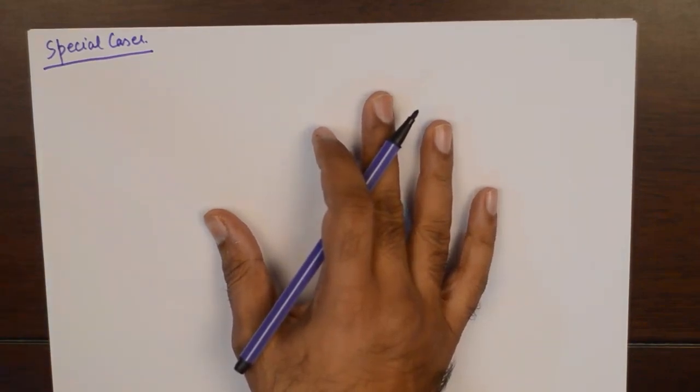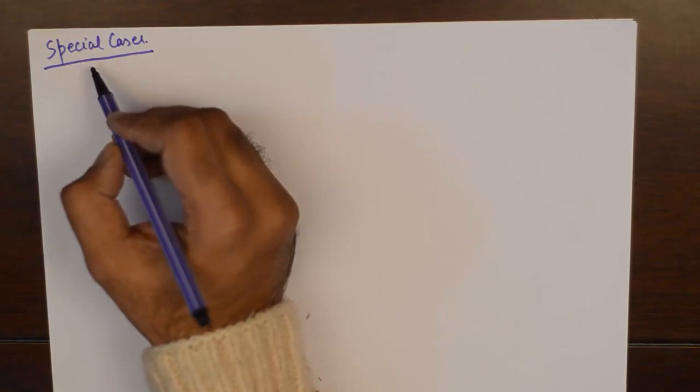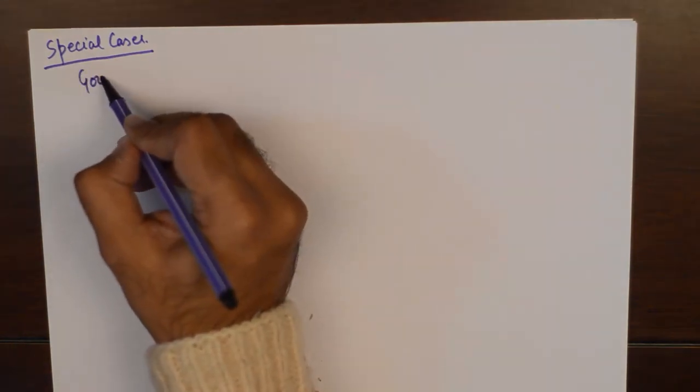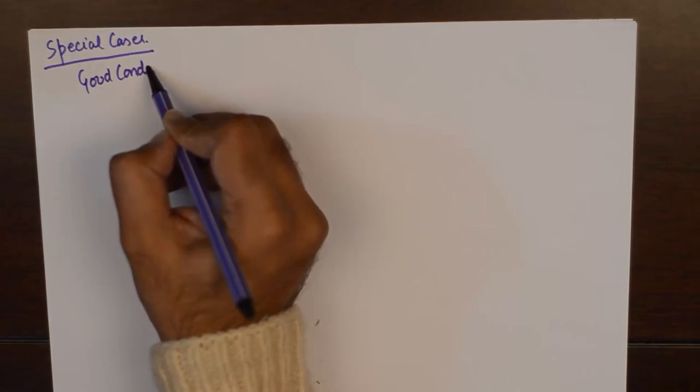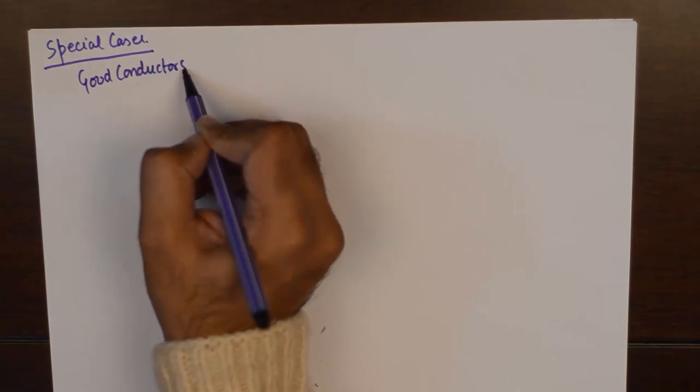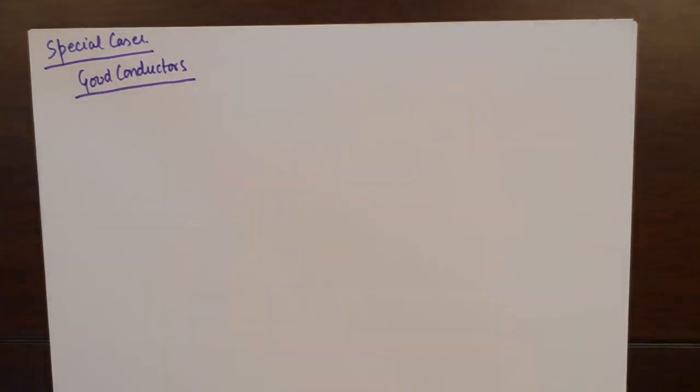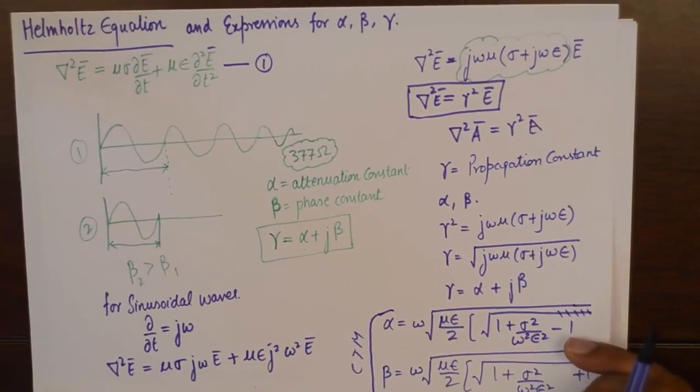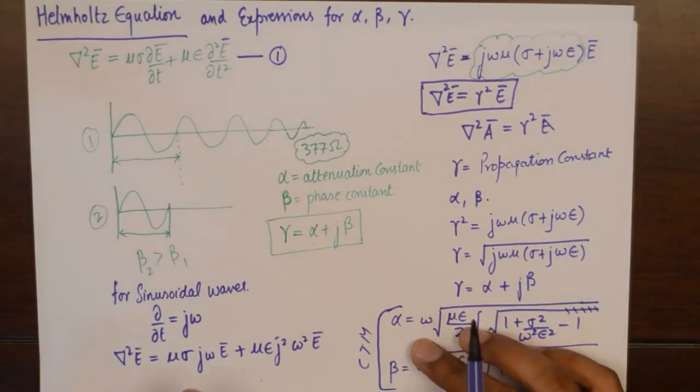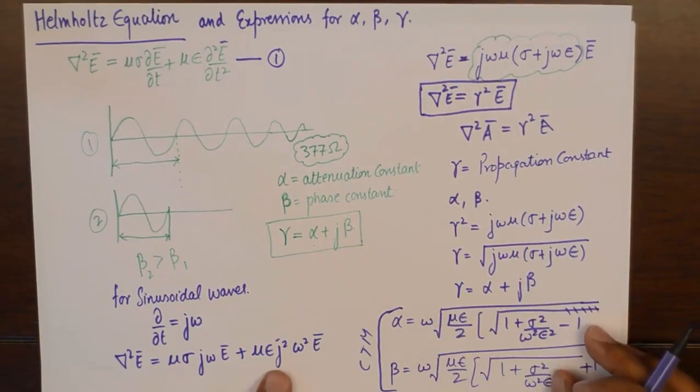The first case would be for good conductors. Now please understand, if you remember these equations for alpha and beta, and if you get a numerical for good conductors, you will be given the value of sigma.